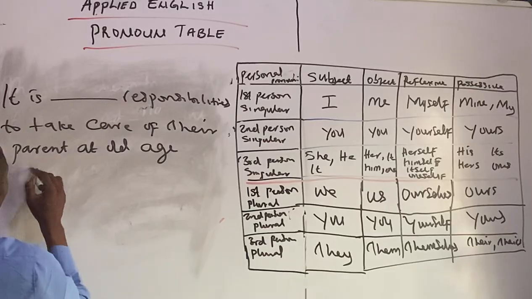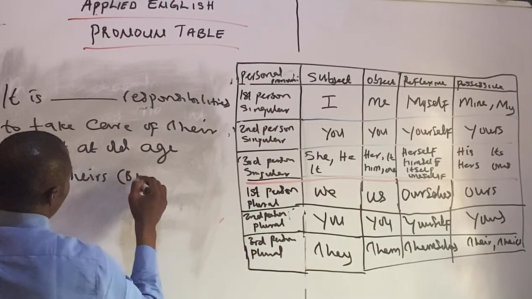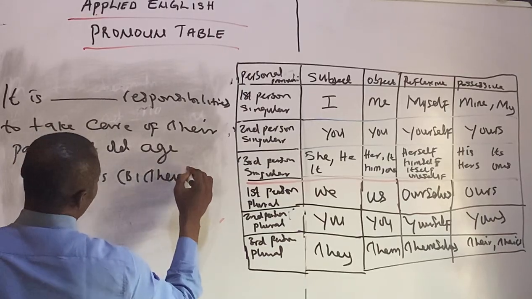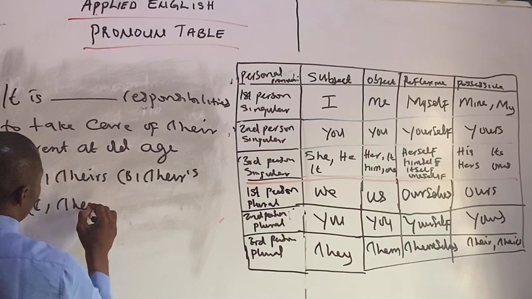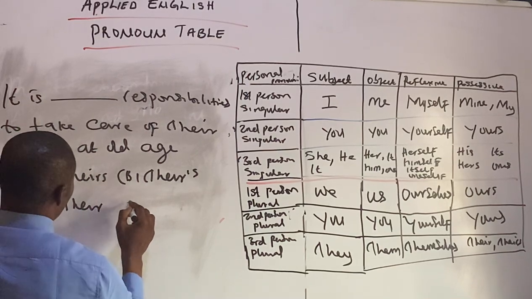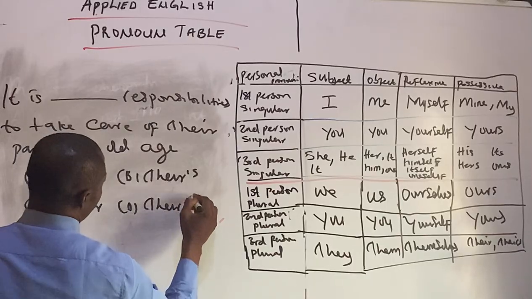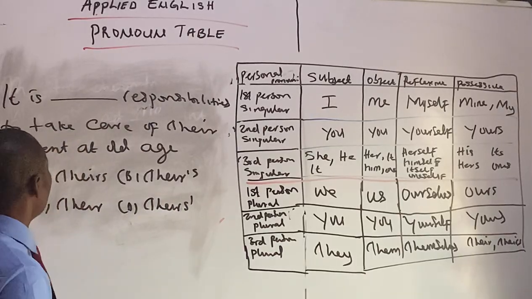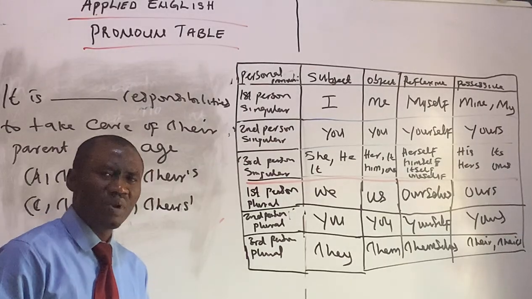All right, we have A, theirs, B, theirs with apostrophe, C, their, D, theirs with apostrophe.